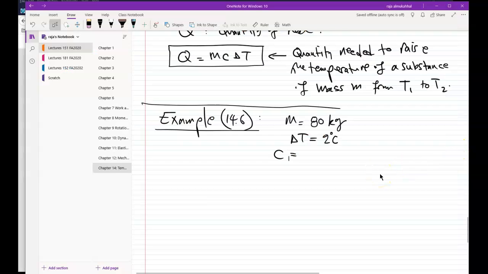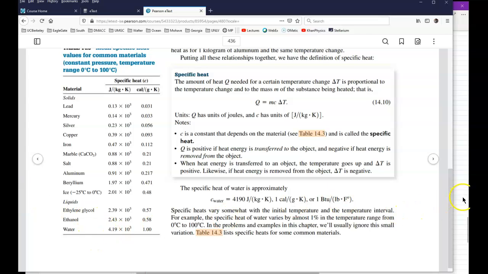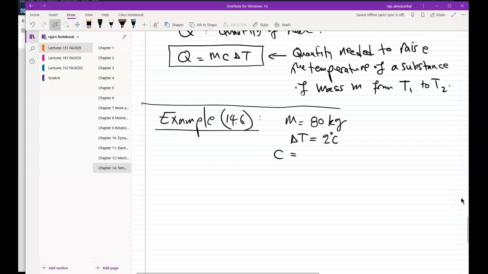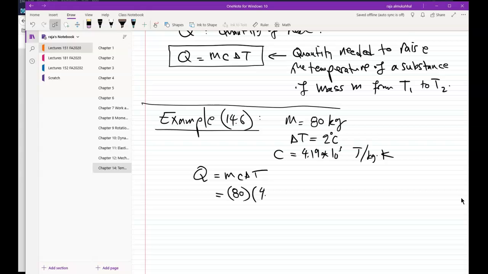According to our table, did I show it to you already? Yes, I did. It's right here. So we have 4.19 times 10 to the third joule per kilogram Kelvin. Then all we need to do is this: the quantity Q is m c delta T. Plug it in, so I have 80 kilogram, 4.19 times 10 to the third, times the difference.